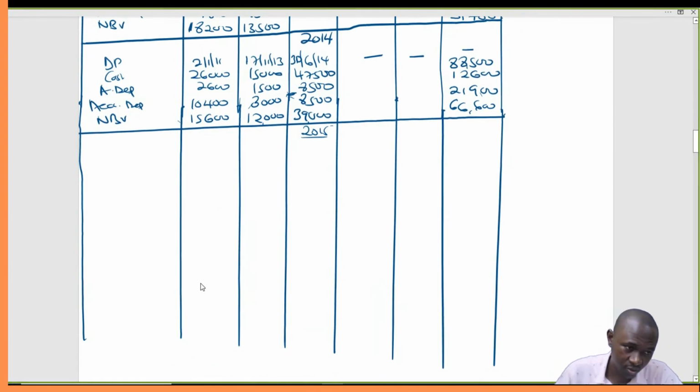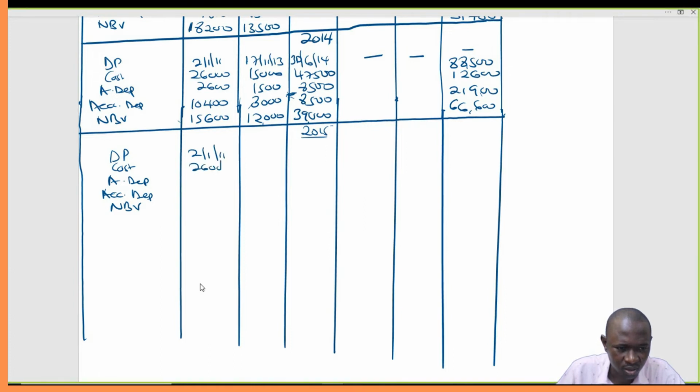So 2015, how will our books look like? This is date of purchase, cost, annual depreciation, accumulated depreciation, and net book value. So this is 26,000. This will give us 13.